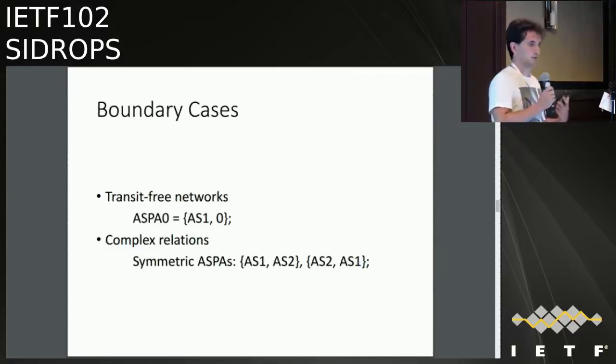We suggest that they should create a single ASPA record with value 0. That's all. There are also some kinds of complex relations between ASes, especially those under the same administrative control. It is also solved in a simple way: they just need to create symmetric ASPAs.